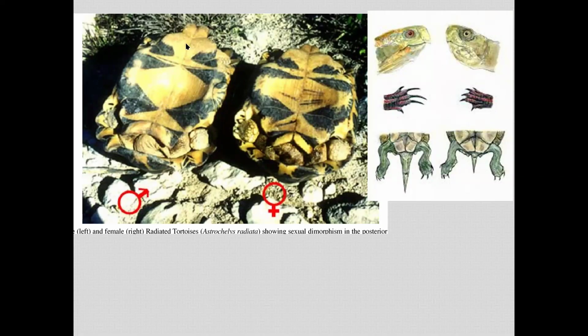As you can see, they have a concave plastron in the male, more flat plastron in the female, and the anal scoop in the male is wider compared with the female. This is the picture of some kind of freshwater turtle. The male has a longer tail and a longer claw on the forelimb, and some differences in the color of the iris.